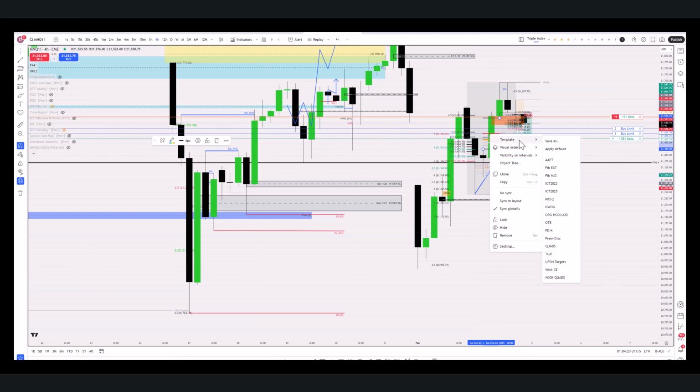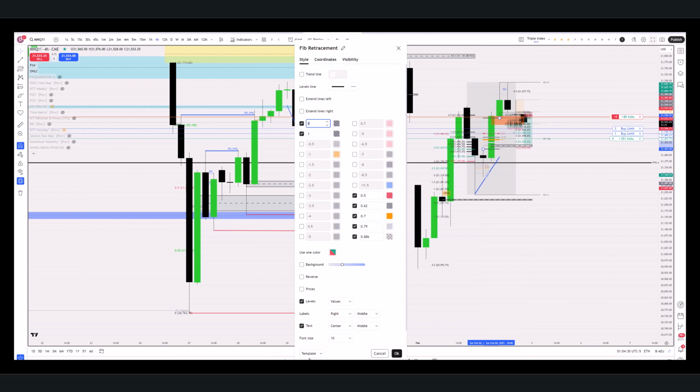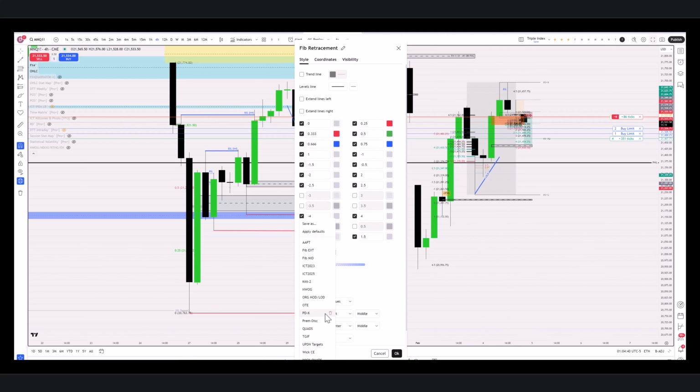I'll make it a quad. No? What did I do to that template? Jeez. Let's go. Oh, these. Oh, I know. It's from when I was in dark mode for a while.